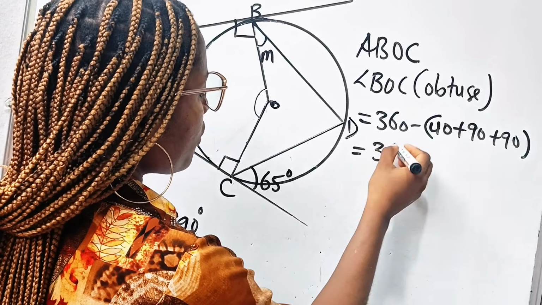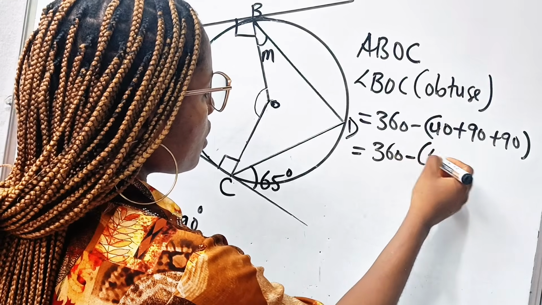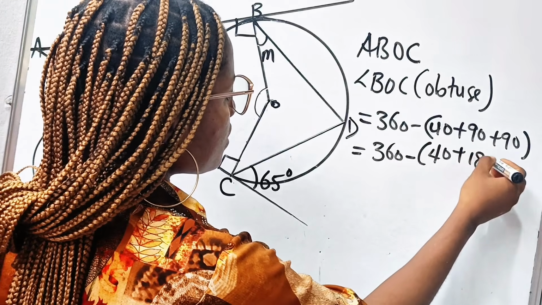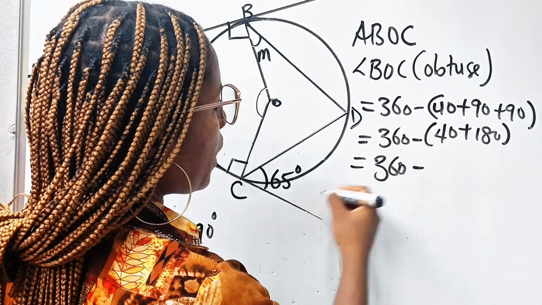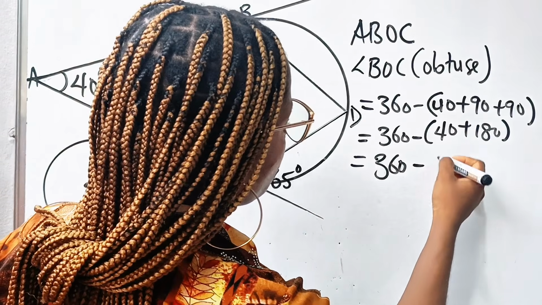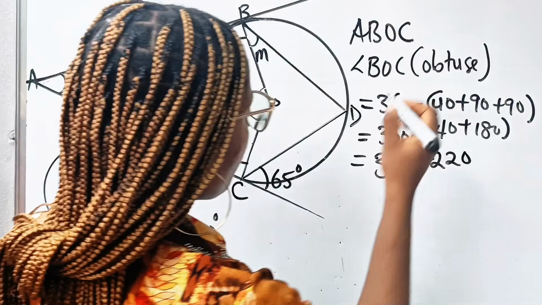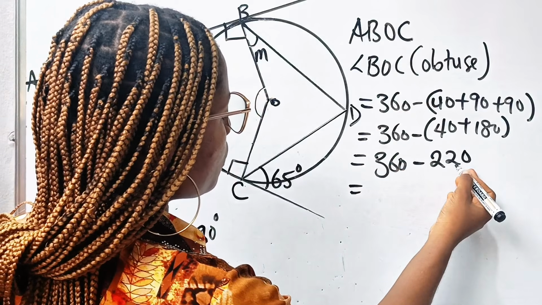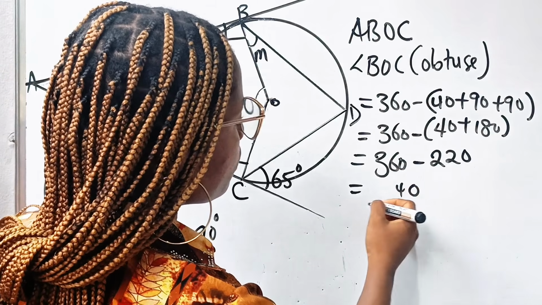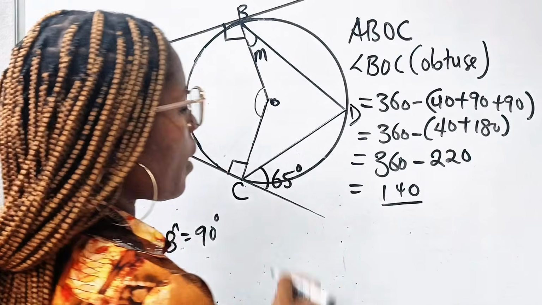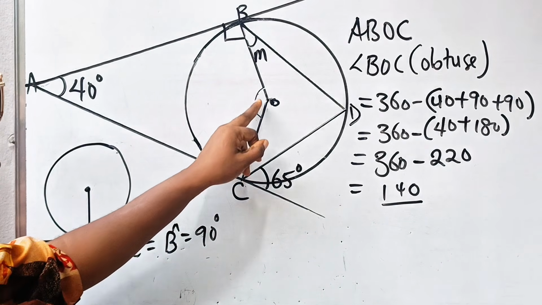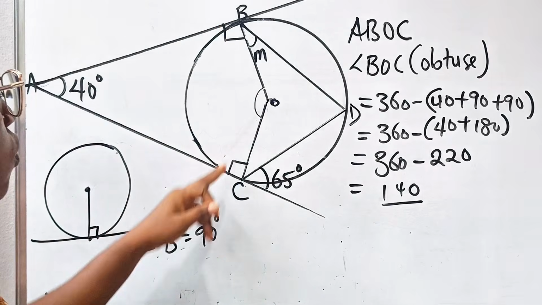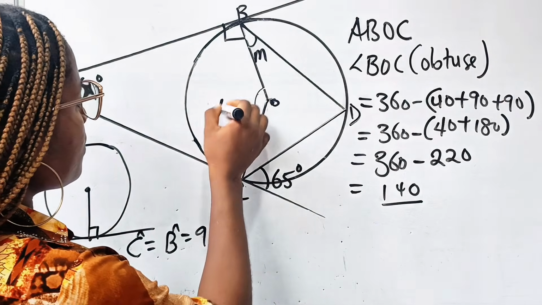So we are going to have 360 minus 40 plus 180, which is 360 minus 220. Now 360 minus 220 is going to give us 140, right? So it simply means that the obtuse angle BOC is 140 degrees.